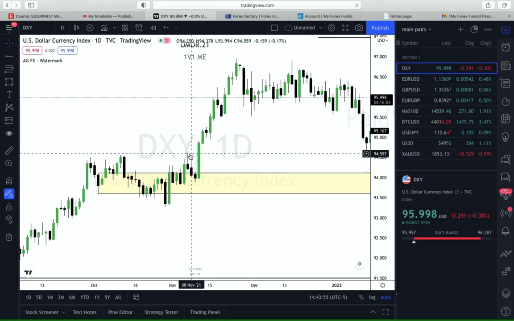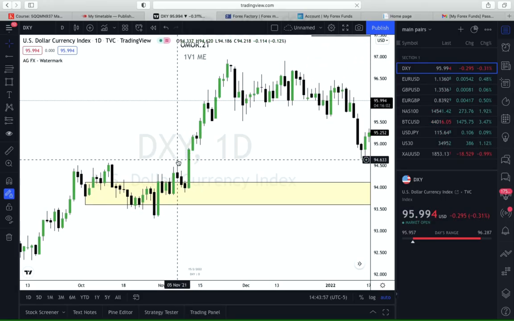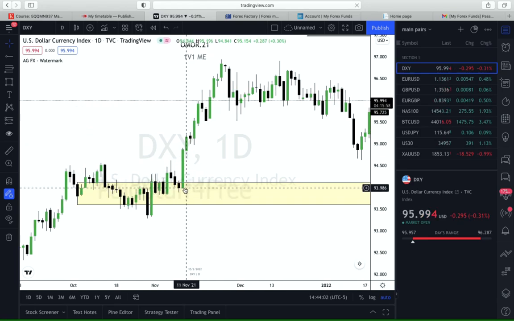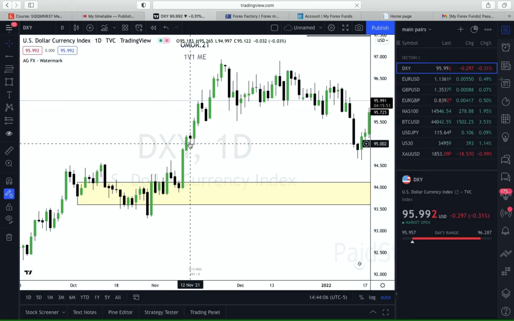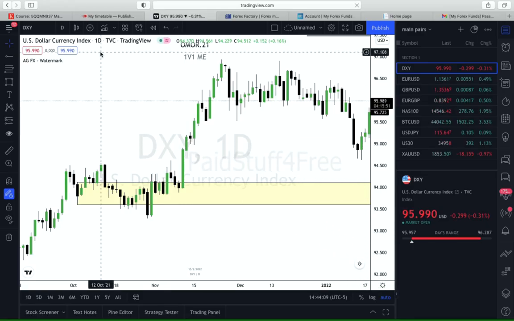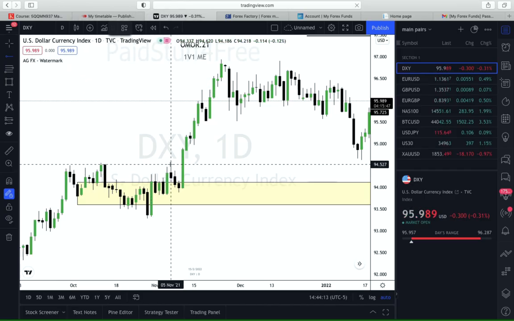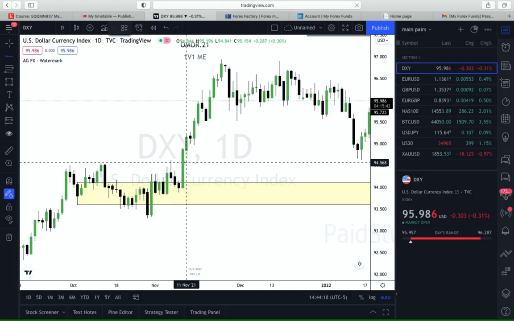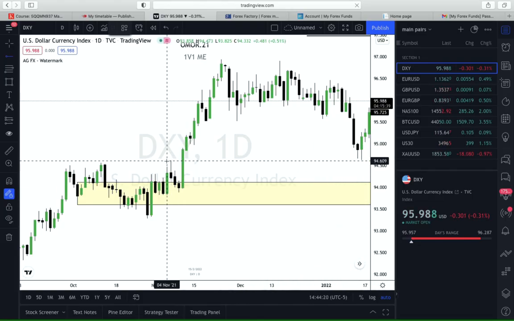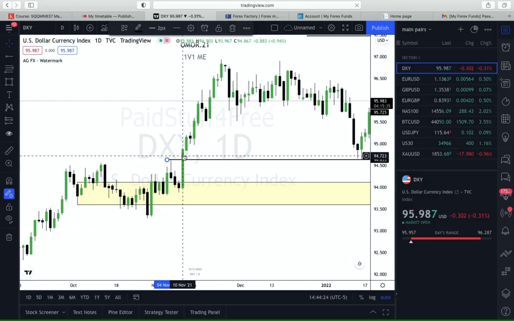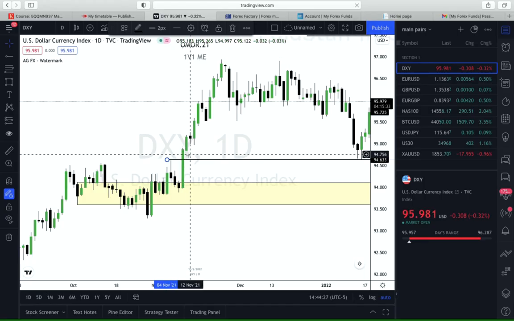So we know that there was selling from here to here. This candle was buying from here to here, and it was buying from here to here. So within this candle, at this price, there was selling and buying up until this wick. But here, only buying was happening.